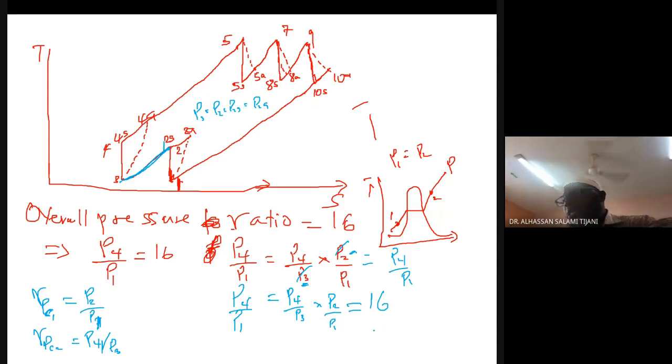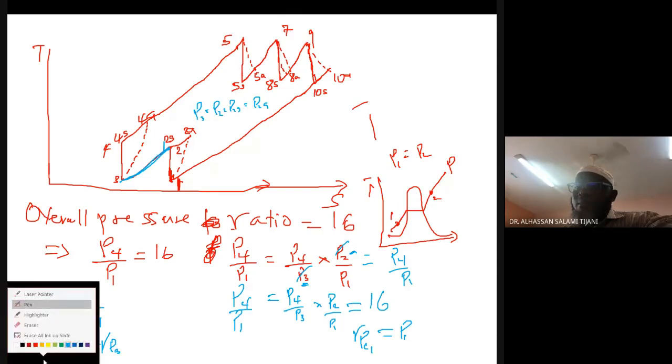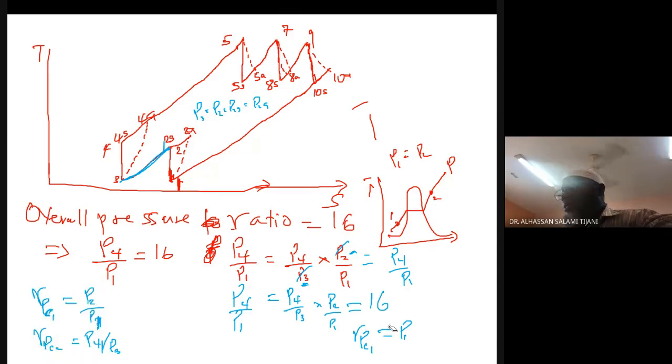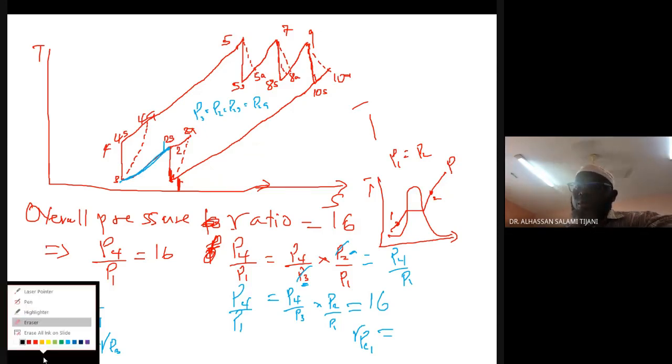Now, one thing you need to know is that the pressure ratio, RP, for compressor number 1 is the same as RP for compressor number 2.